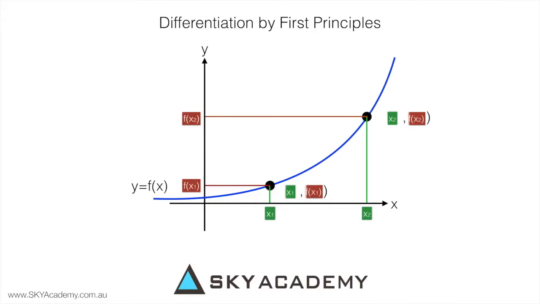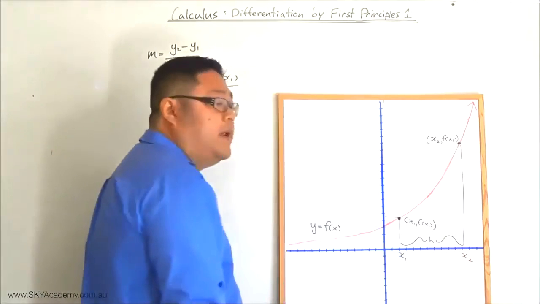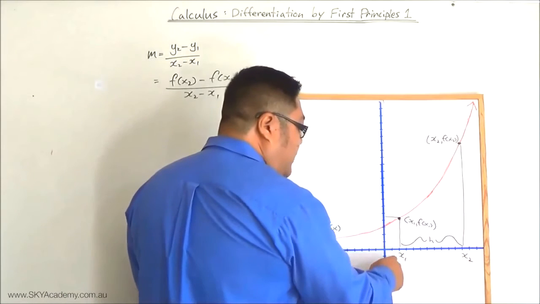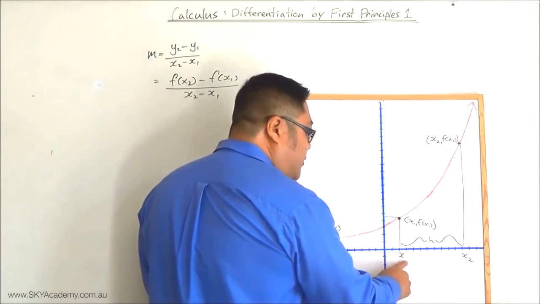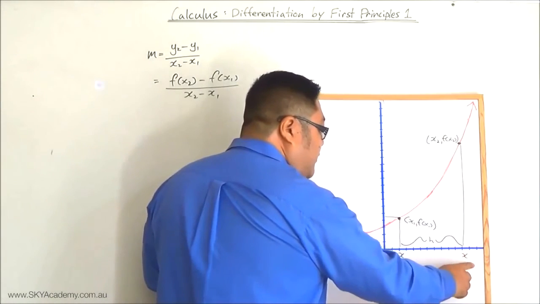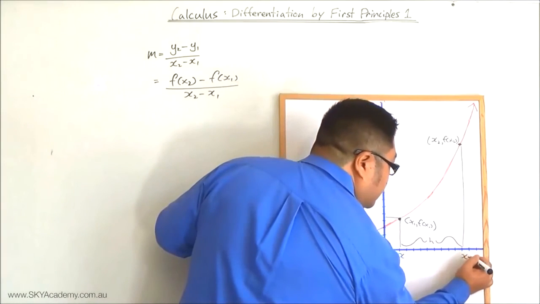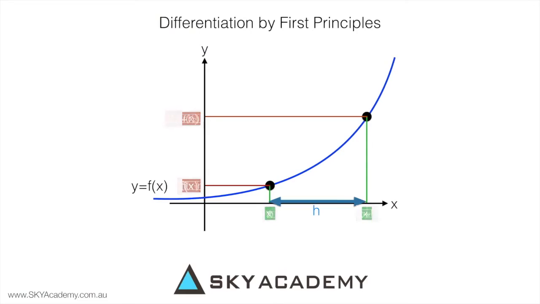Now let's add one step further. Just say the distance between x1 and x2 is h units. So what would x2 be equal to? Let's say x1 isn't x1 anymore, it's just equal to x. This second point would be equal to x plus h.